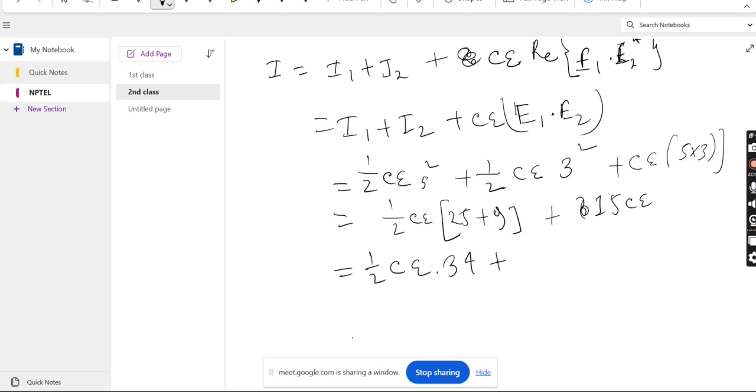So 17 c epsilon plus 15 c epsilon. Sorry. The total would be 32 c epsilon.